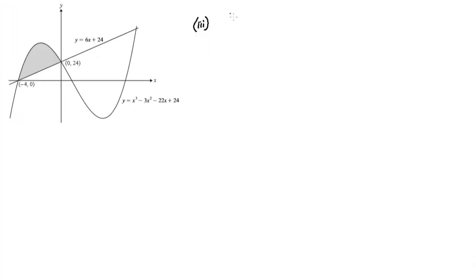And for part 3, we need to find the shaded area. There are multiple different ways that you can go around this, but the easiest will be just to integrate the curve between x is 0, x is minus 4 for y equals x cubed minus 3x squared and so on, subtract by this triangle.